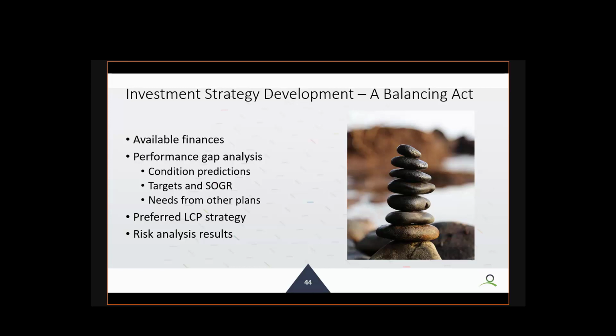It's all about balancing. There's lots of reports and research out there on things like multiple objective decision analysis. And there are some really great tools out there to help you with this.